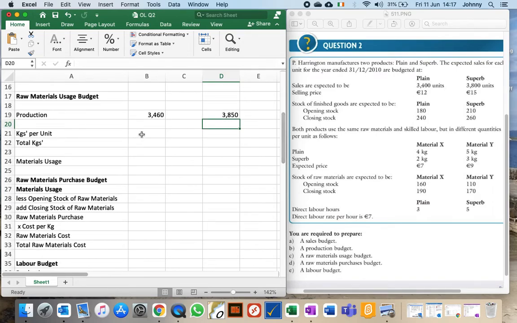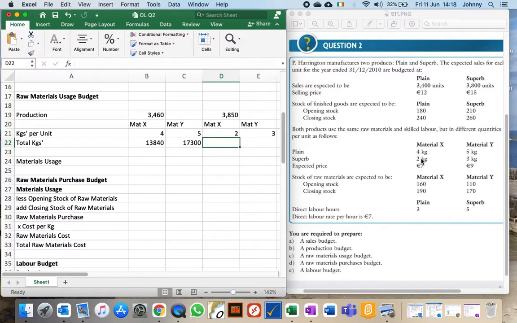Okay, so then we need to take into account how many kilos per unit. Now we have two materials, so material X and material Y. To do my plain, I need 4 kilos of X and 5 kilos of Y. And to do my superb, I need 2 kilos of X and I need 3 kilos of Y. So my total kilos, just to make my plain, is going to be 3,460, and that's the production times the material X amount, and then the production times the material Y amount.